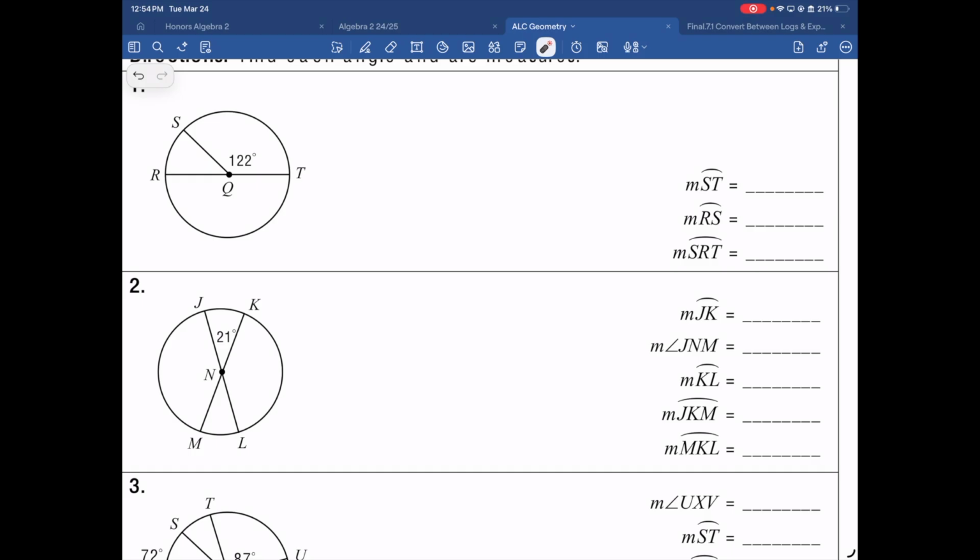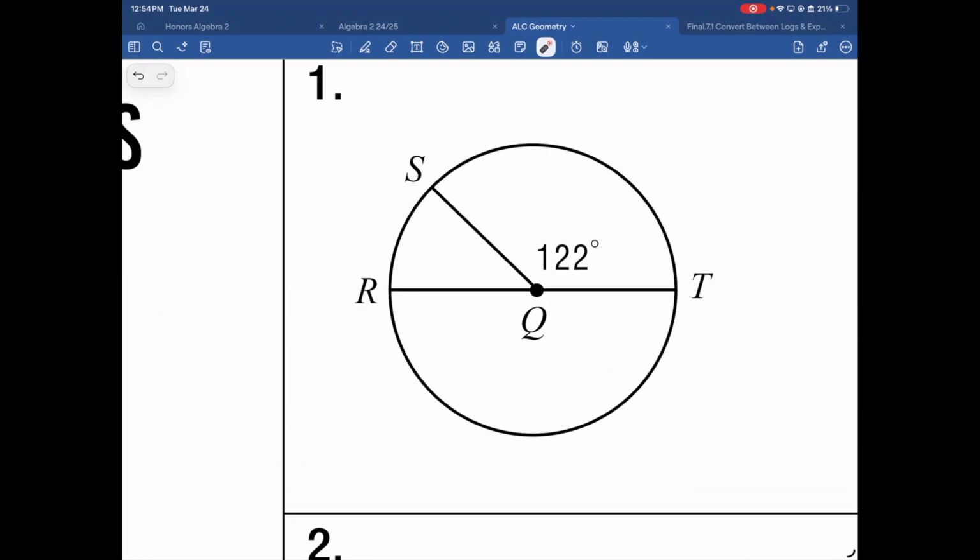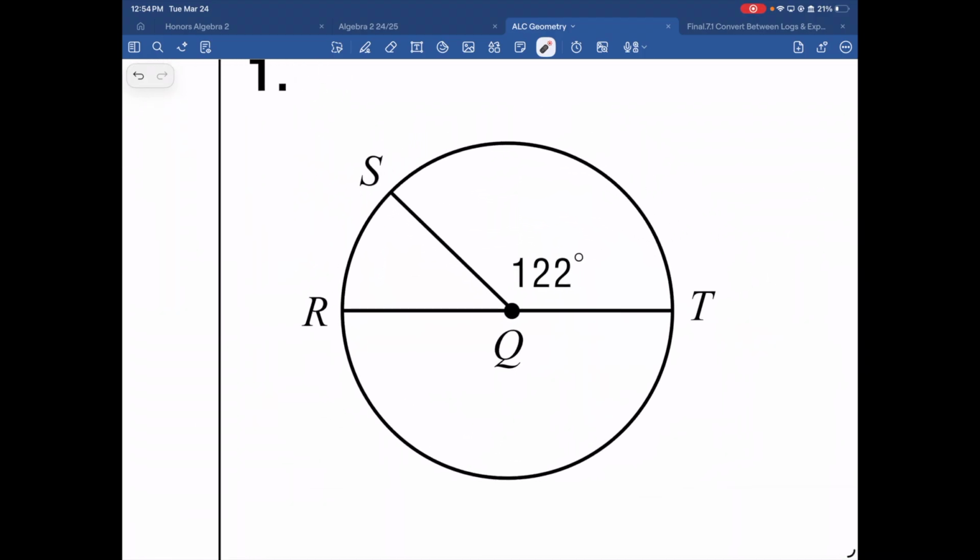So when we did some problems earlier in the year, I said, let's fill out the problem before we know what the questions are. So there are questions over there, and you guys are going to be able to see the questions. What is arc ST? What is arc RS? You can see all of those things. My challenge to you is to ignore what the questions are, and let's fill in the stuff that we can fill in, and then answer the questions later.